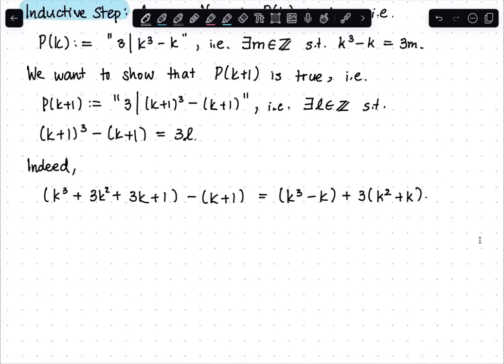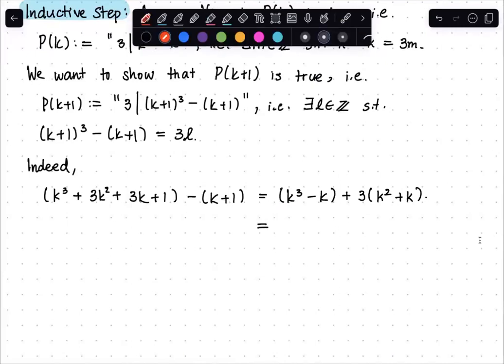Okay, so by the inductive hypothesis, we know that 3 divides this now, right? Because by the inductive hypothesis, IH, we know that this is equal to 3 times m, right? But now I could say that this here is 3 times k squared plus k.